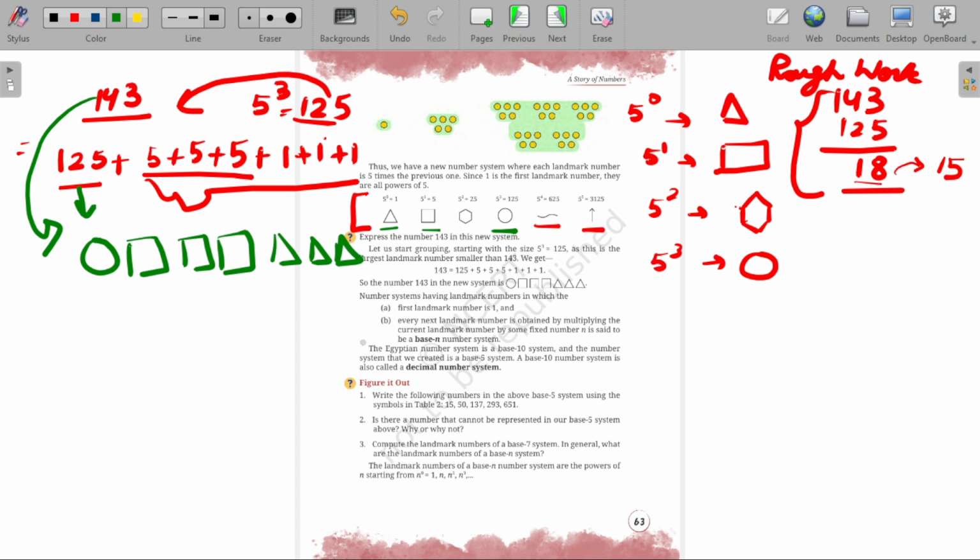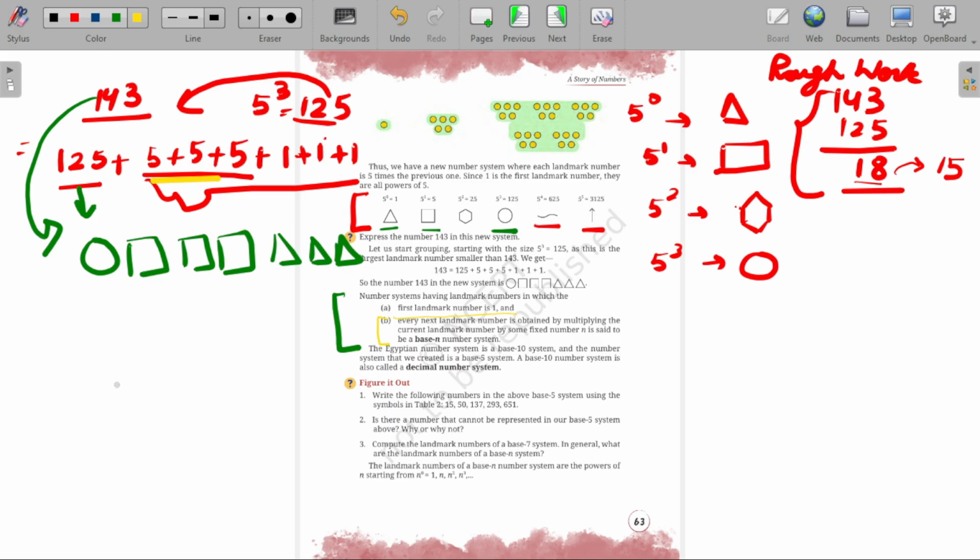A number system has landmark numbers, in which the first landmark number is always 1. So what if we present the numbers in the n base system? This is the 5 base system, and earlier we did the 10 base system.